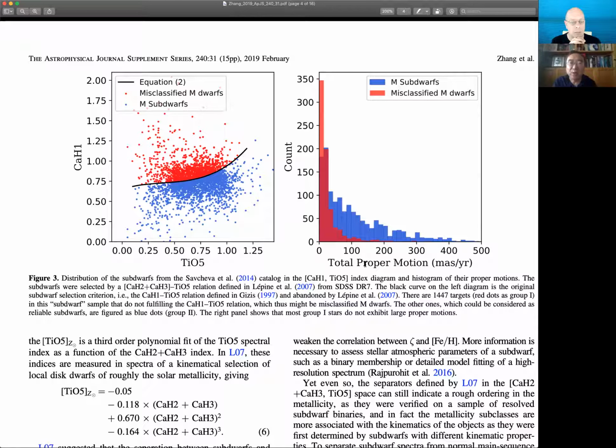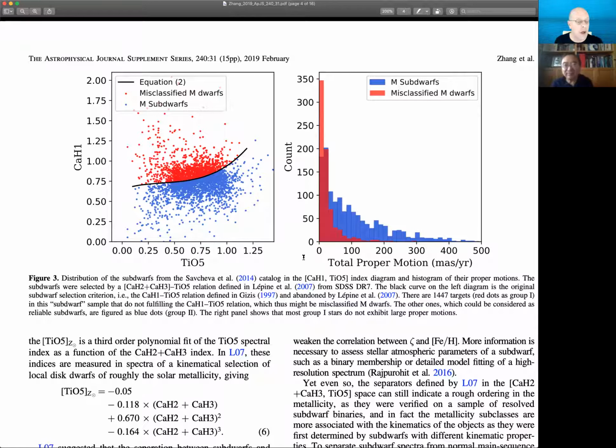But when we use CaH1 and TiO5, we can see part of them have been misclassified as subdwarfs. They are actually M-dwarfs, not subdwarfs. So we have to get these criteria back, both this criterion and the criteria used by Lépine.